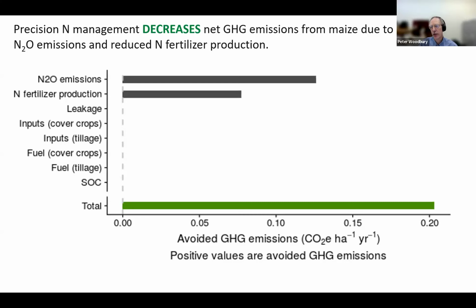So in this case, there are only 2 source categories that contribute to the total, and that's nitrous oxide emissions and fertilizer production. So with this precision nitrogen management, we've reduced the amount of fertilizer, and that has given us a greenhouse gas benefit, both in the field as well as the upstream emissions from nitrogen fertilizer itself.